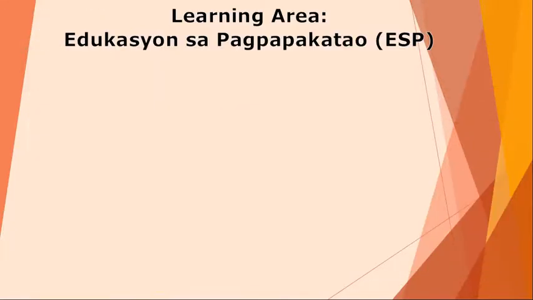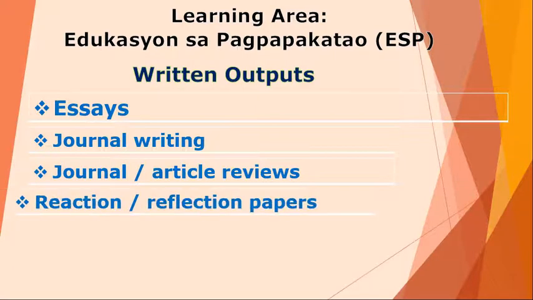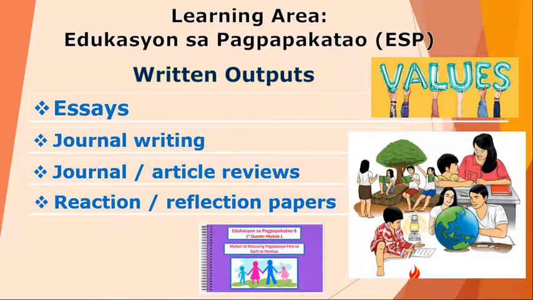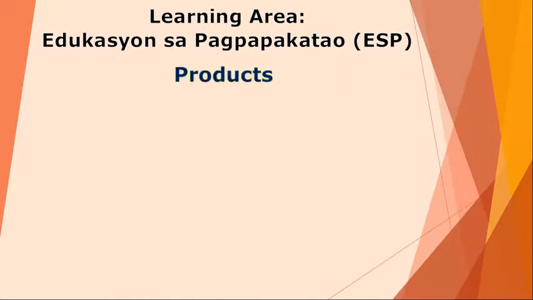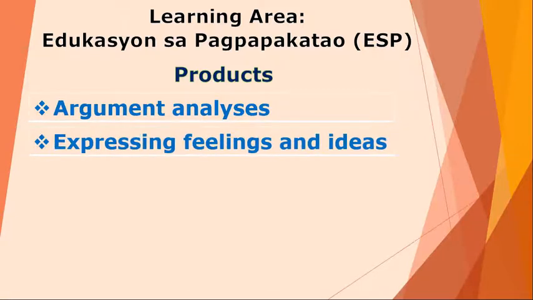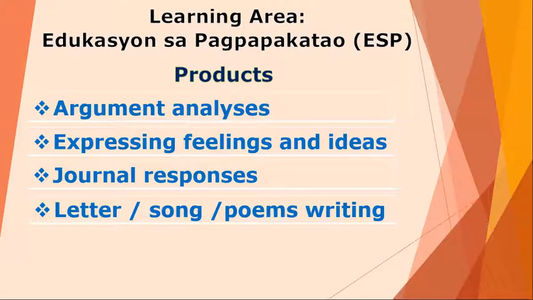Then, Edukasyon sa Pagpapakatao or ESP subject. Written outputs: we have essays, journal writing, and journal or article reviews. Also reaction or reflection papers on values and values education. We have helping others. Also for the products, we have argument analysis, expressing feelings and ideas, journal responses, letter, song, or poem writing.